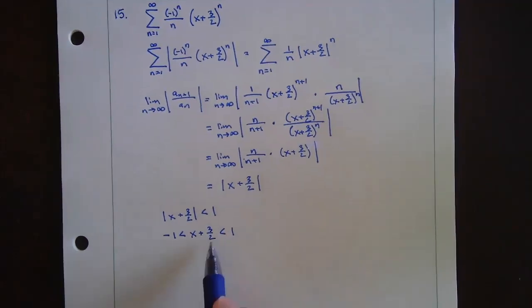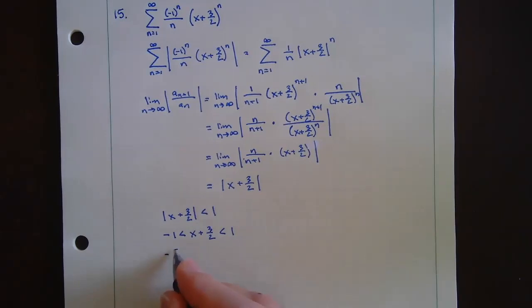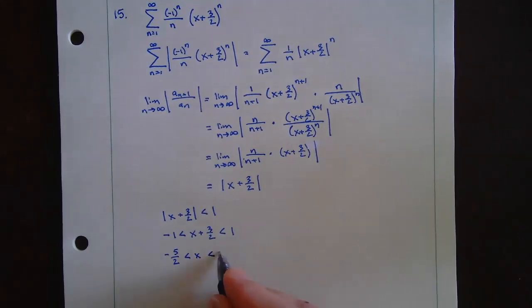Subtracting 3/2, with 1 written as 2/2, this makes the left side -5/2 less than x, and the right side 2/2 minus 3/2, which is -1/2. So right now I know it converges absolutely between -5/2 and -1/2, not including these endpoints.